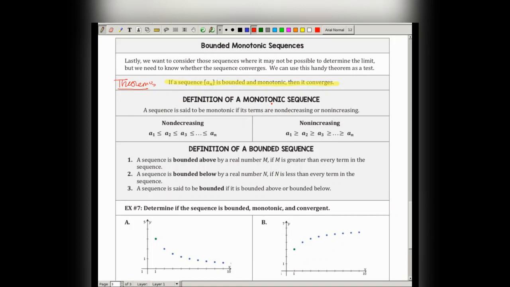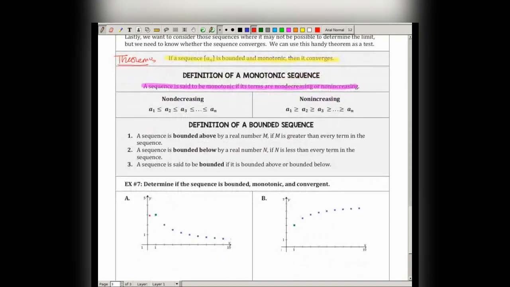And then what is the definition of monotonic? A sequence is said to be monotonic if its terms are non-decreasing or non-increasing, meaning this would be non-decreasing, and this is non-increasing.